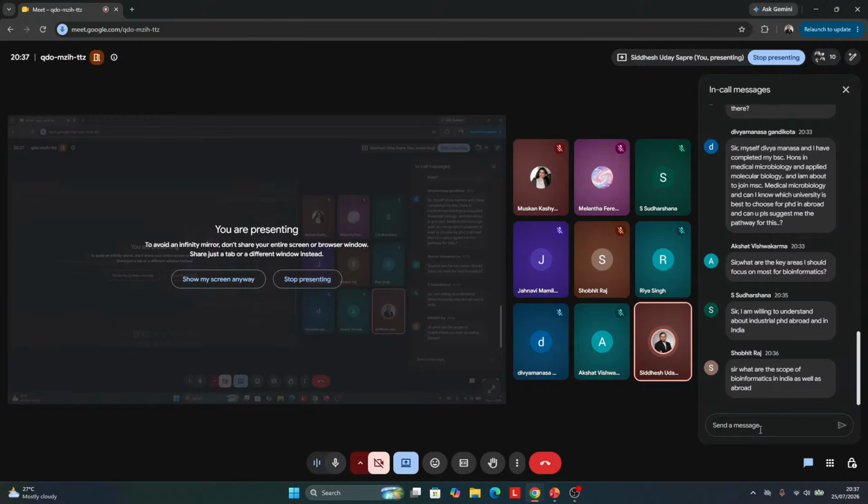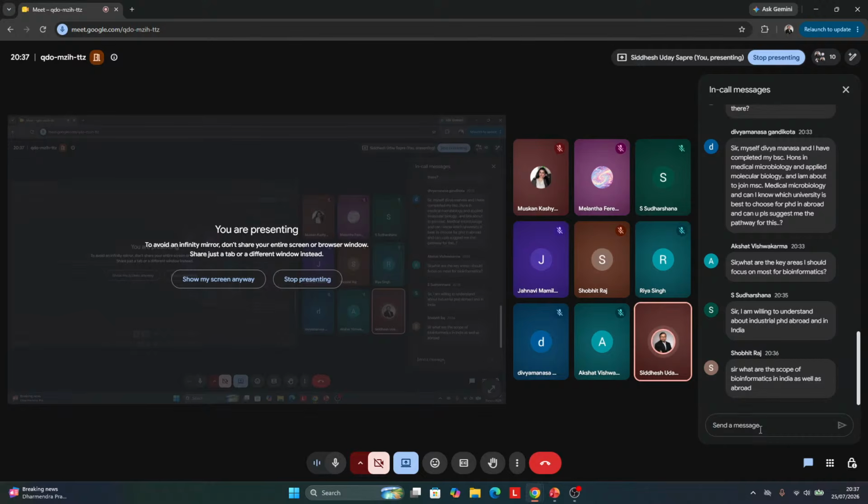They have their applications open, I think, twice a year, but since last year they have only started doing it once a year. So you have to apply very early, and you have to be an extraordinary candidate if you are applying internationally. Otherwise, companies like Cipla, for example, Thermo Fisher, companies like Biomerics, they also provide international programs which are industrial based PhDs.